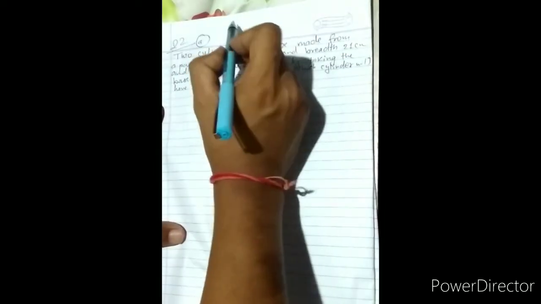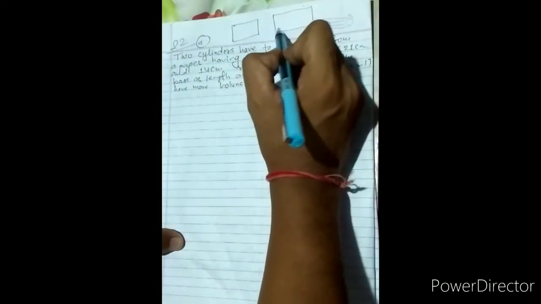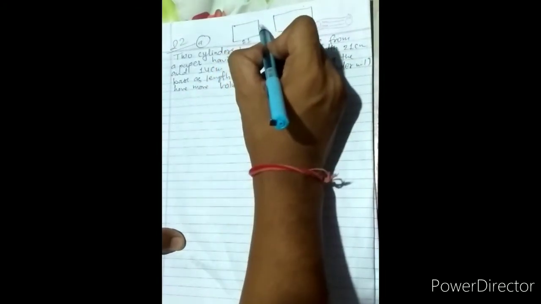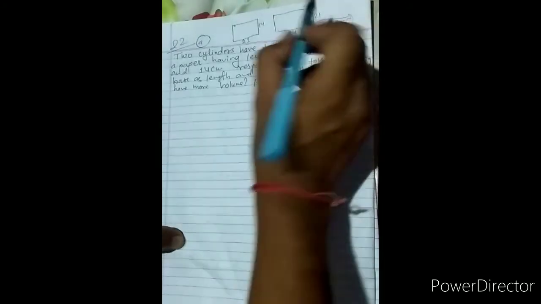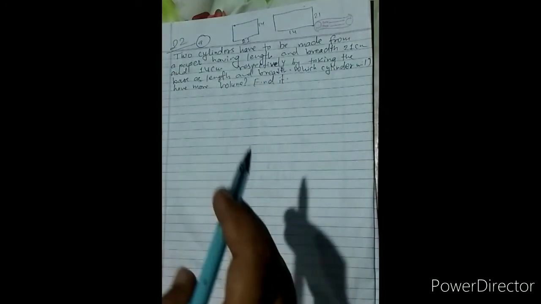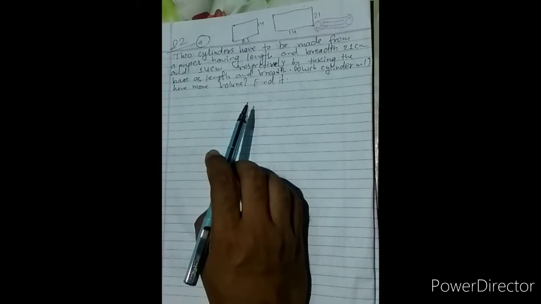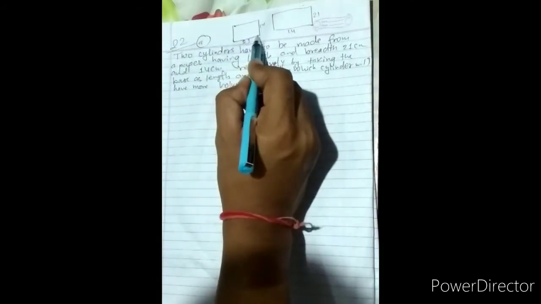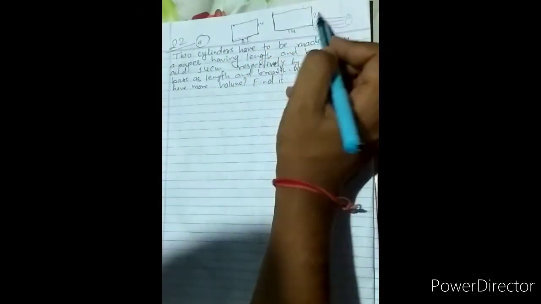We have two pieces of paper, one 21 and height 14, or we are taking 14 and 21. We have to find the volume in different cases. Here we can use the formula of circumference, for this cylinder, this is circumference.